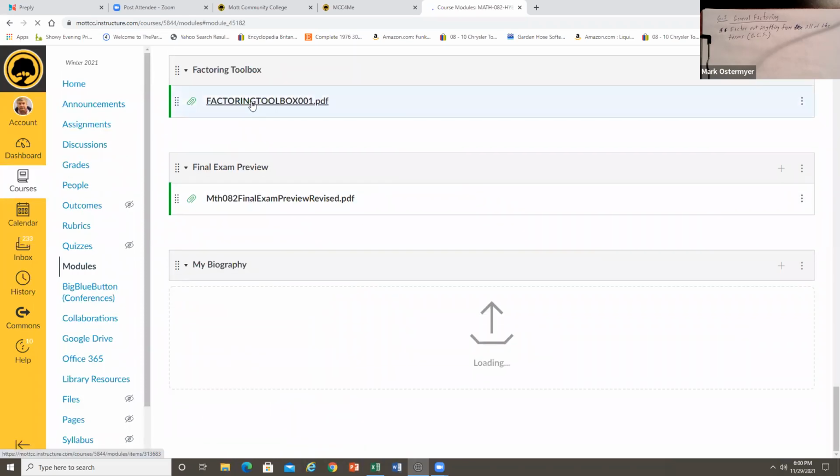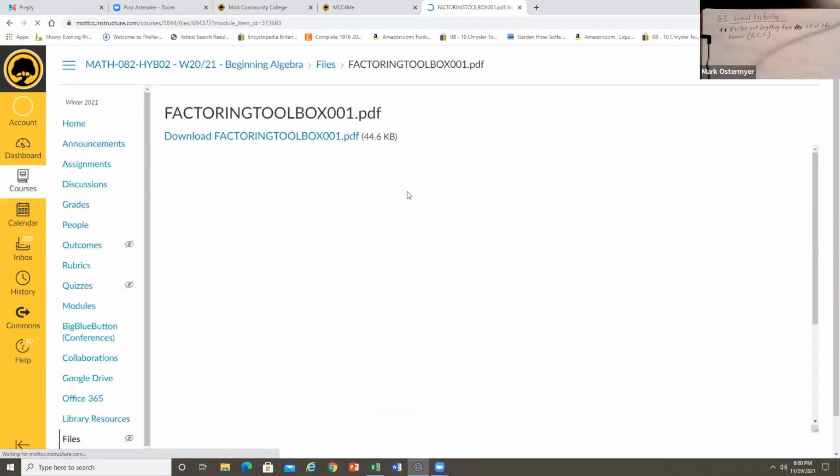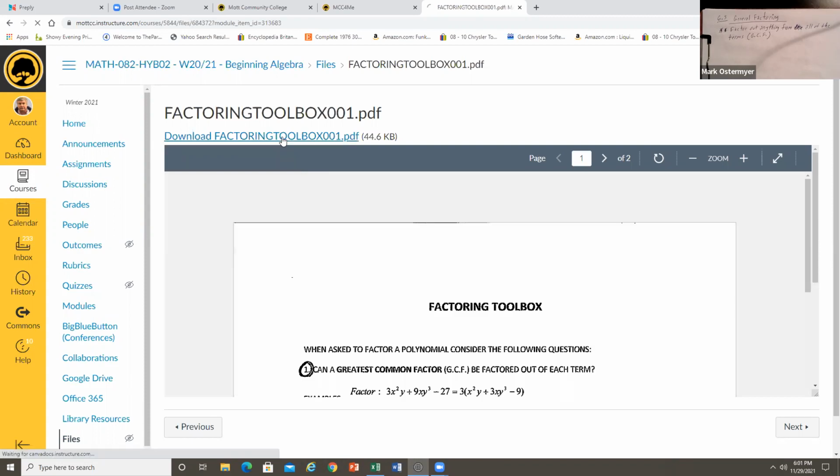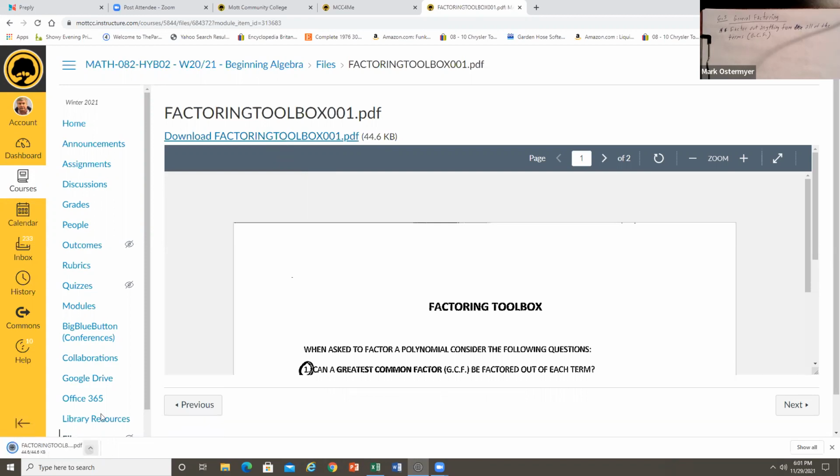Let's see how this thing works. It's called the factoring toolbox. It helps guide you along when you're looking at a polynomial and being asked to factor it.